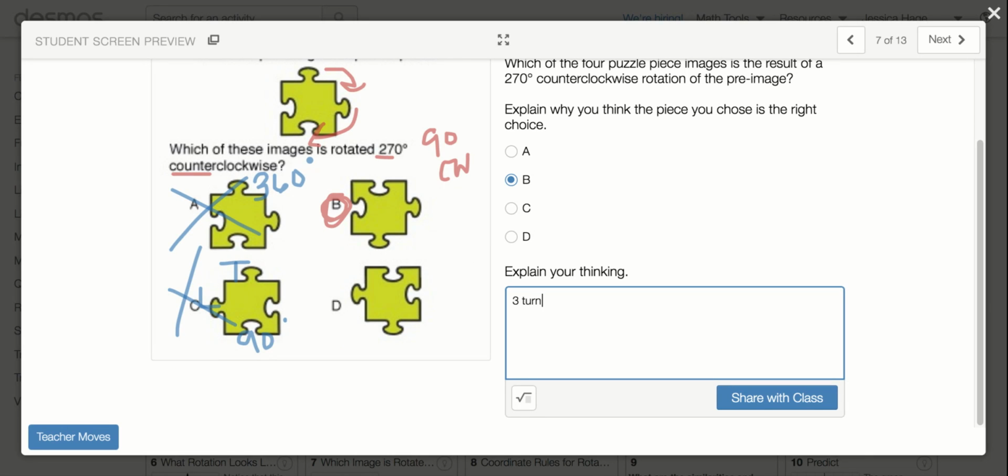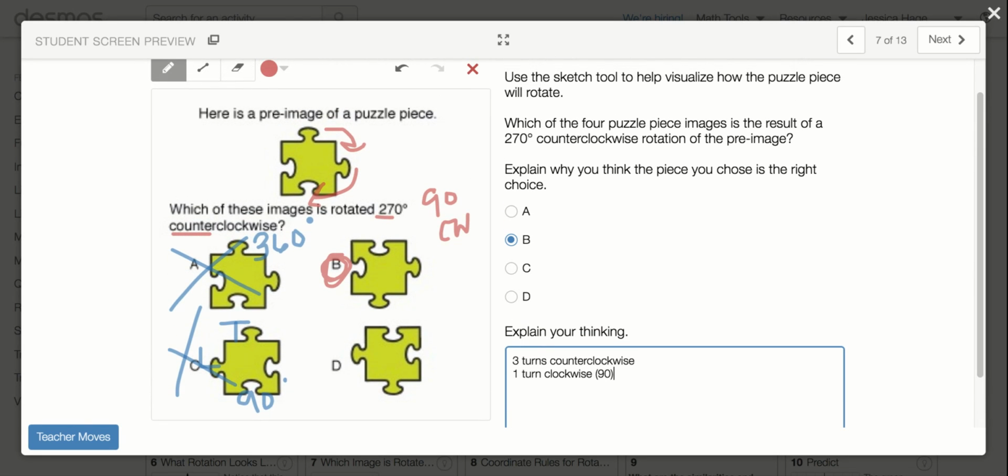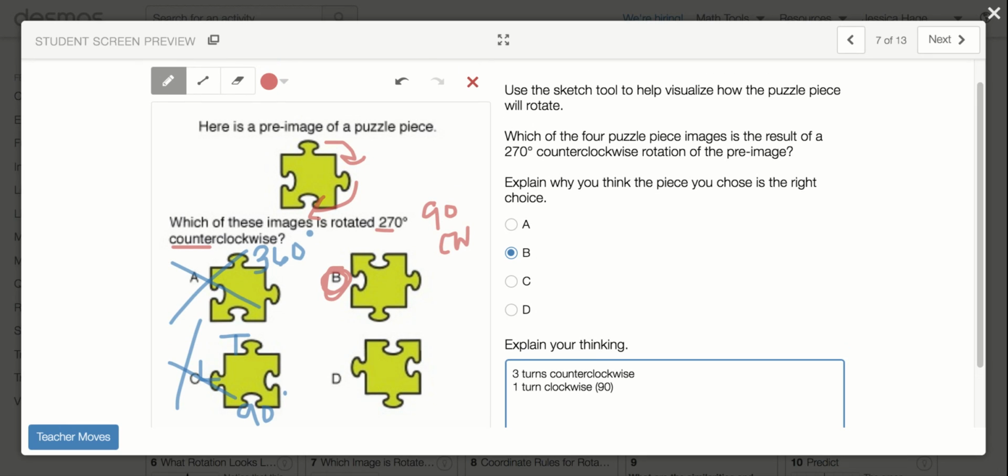So that was 3 turns counterclockwise. Some of you can see that it's 1 turn clockwise, which was 90, and it didn't tell us that, but some of us can see that similarity there. All right, and then we can eliminate D. We didn't really touch on that, but you could have gotten the right answer by eliminating D as well, because we can see that a 180, okay, it kind of looks like a reflection, but it just turns each piece twice.